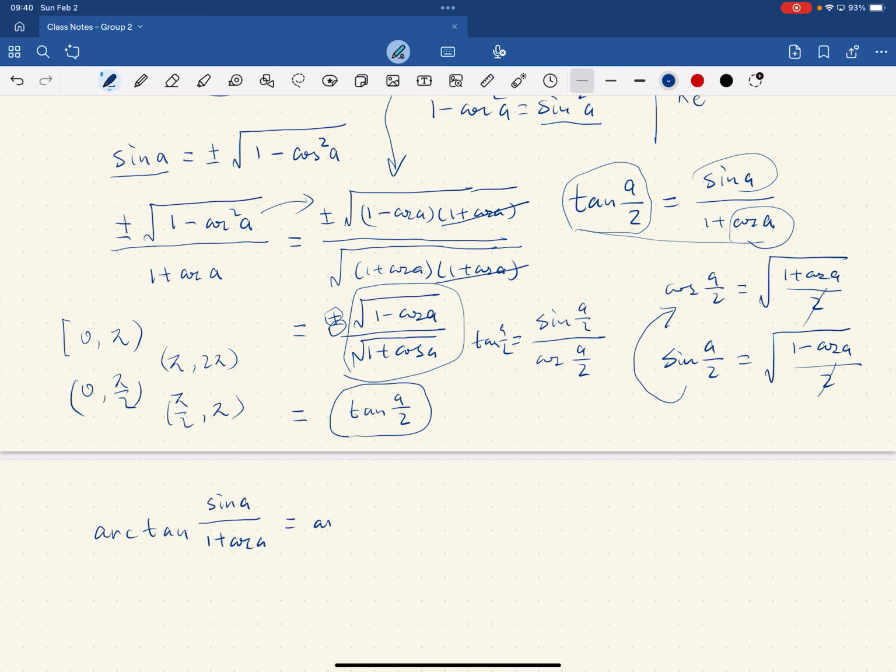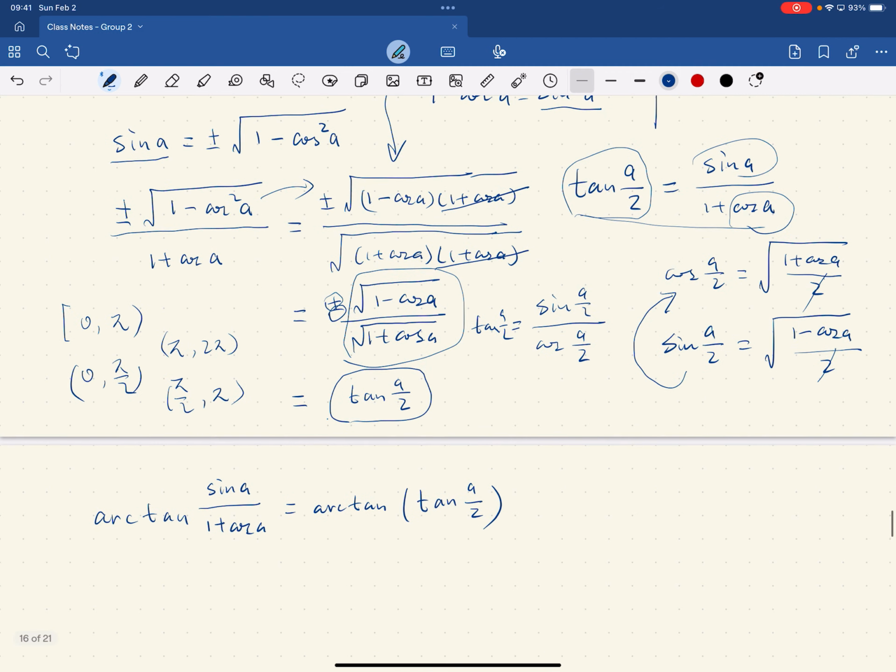This equals arctan of tan a over 2, right? These two things are equal, because we just proved it there.